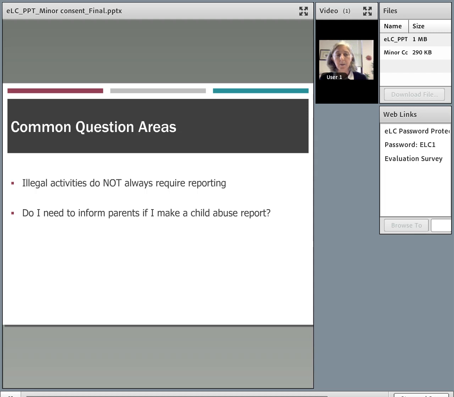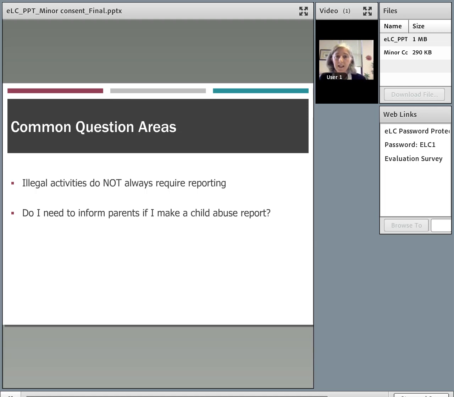As we noted before, even if it is something that you need to make a report about, let's say we have that 15-year-old and the 21-year-old, that doesn't mean that the information loses its confidentiality. So you would not be able to let mom and dad know that you've made that child abuse report unless your client gives you authorization allowing you to share.